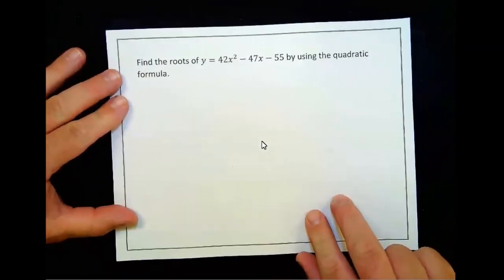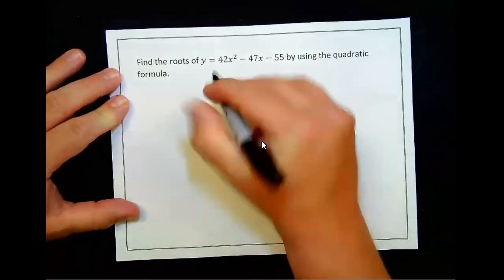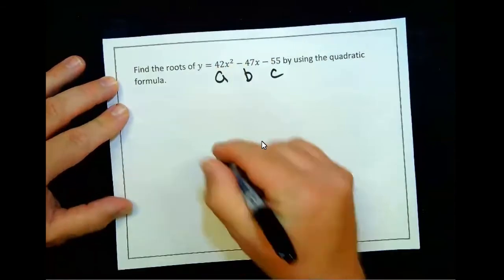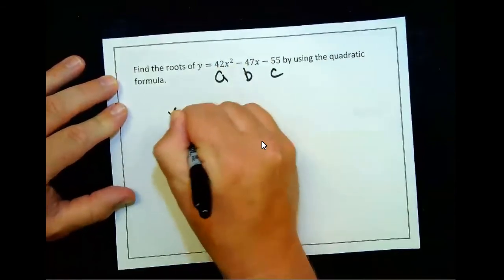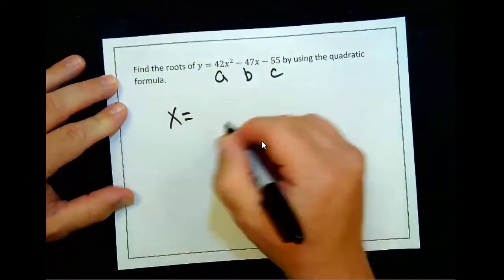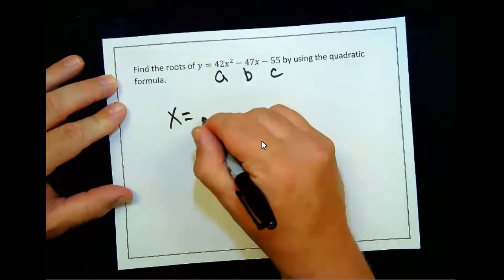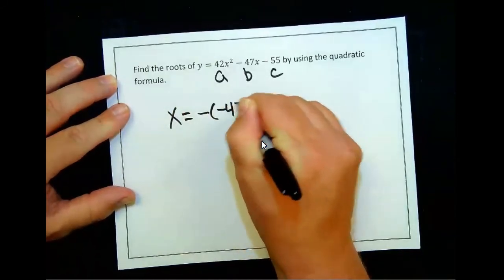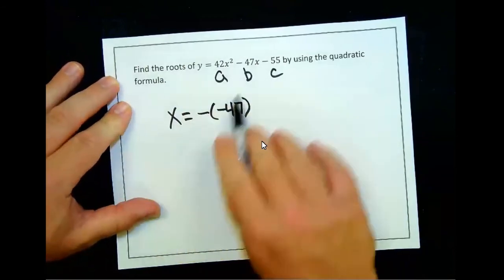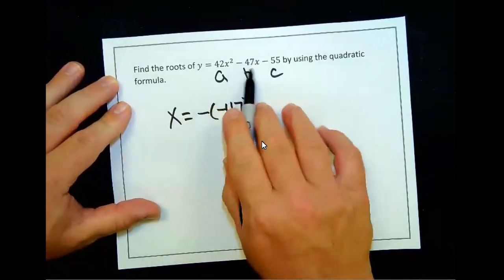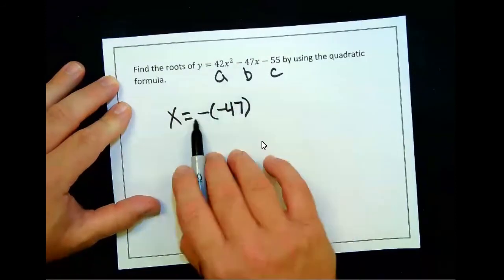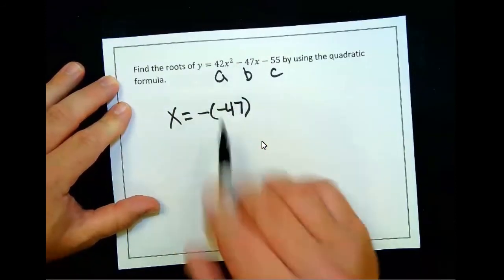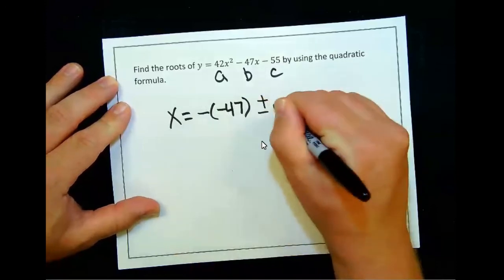Okay, so we've got some big numbers this time. A, B, C. So maybe this is the time where I start thinking, hey, where'd my calculator go? I wanted to do this problem because I want you to see that if you plug a negative 47 in for B, it's negative B. Well, B is negative, so this minus the minus is going to become a plus when I simplify.